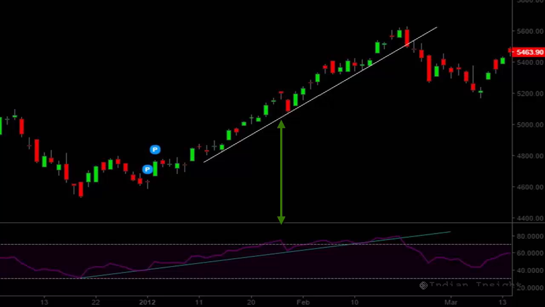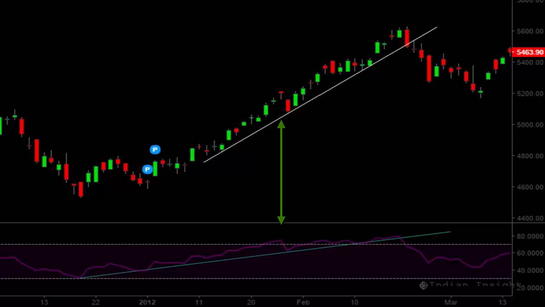Doing so, however, would have been a mistake as you would have missed a significant advance. A more careful analysis should take into account the trend. The trend indicates that the stock is in an uptrend. So RSI readings above 70 could be expected in a strong uptrend.